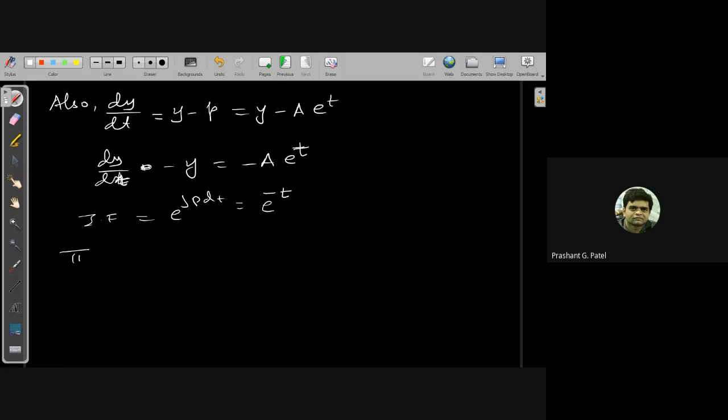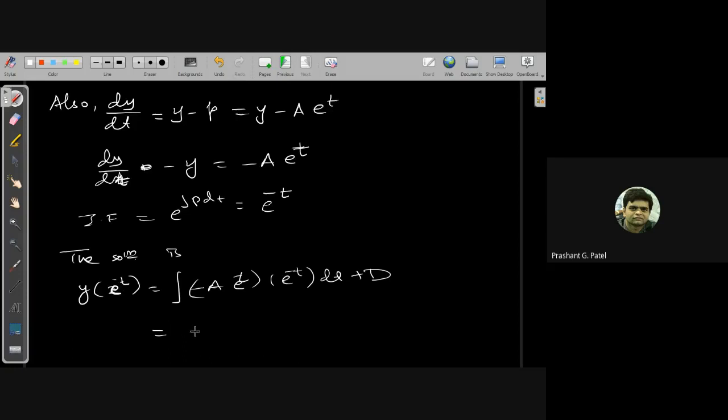So the solution is y into integrating factor, that is e power minus t, equal to integration of q, the value of q is minus a e power minus t, into e power minus t dt, plus some other constant d.